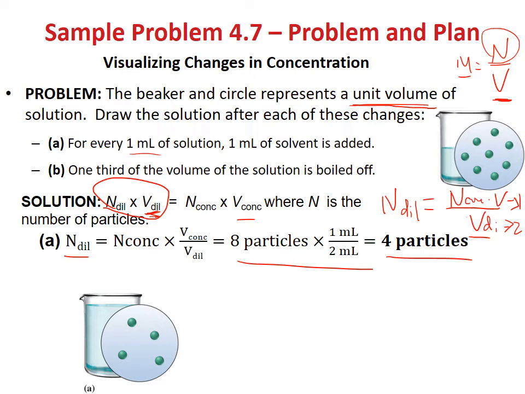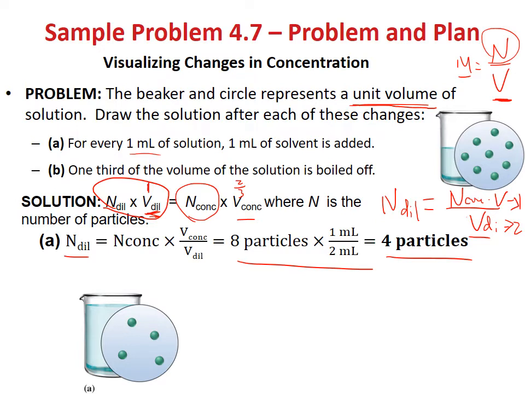When water evaporates, if this is 1 milliliter of volume, it becomes 2/3, because 1/3 of the water is evaporated. So you only have 2/3 of a milliliter of volume left in the solution, and we want to calculate the number of molecules in the solution.